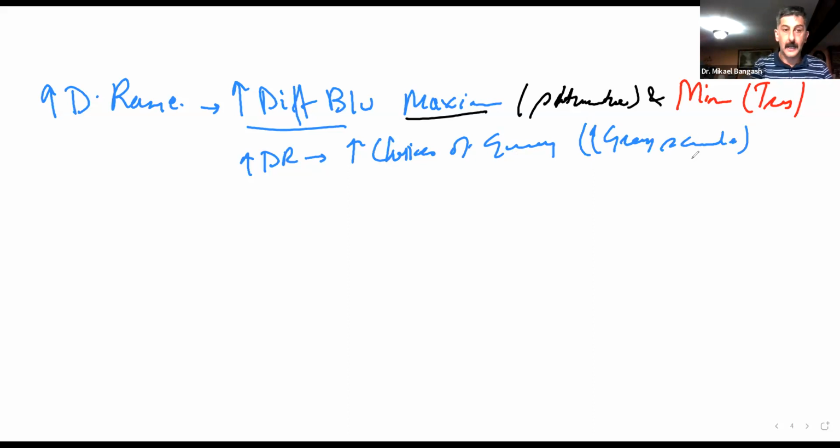Now this greater dynamic range, or greater difference between maximum and minimum, or greater choice of gray, or greater grayscale, is less compression.